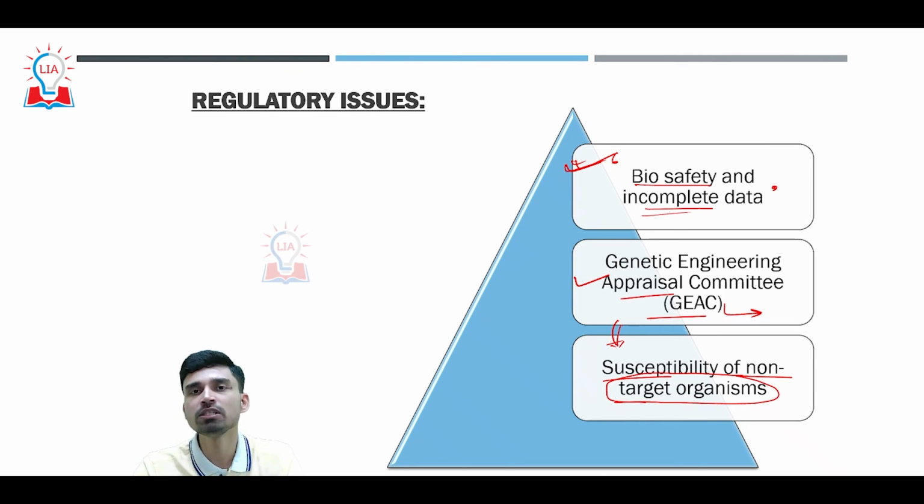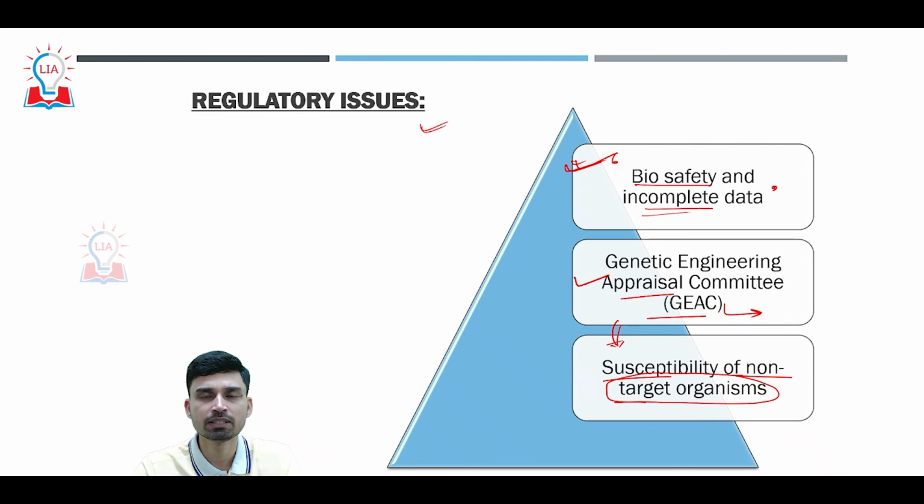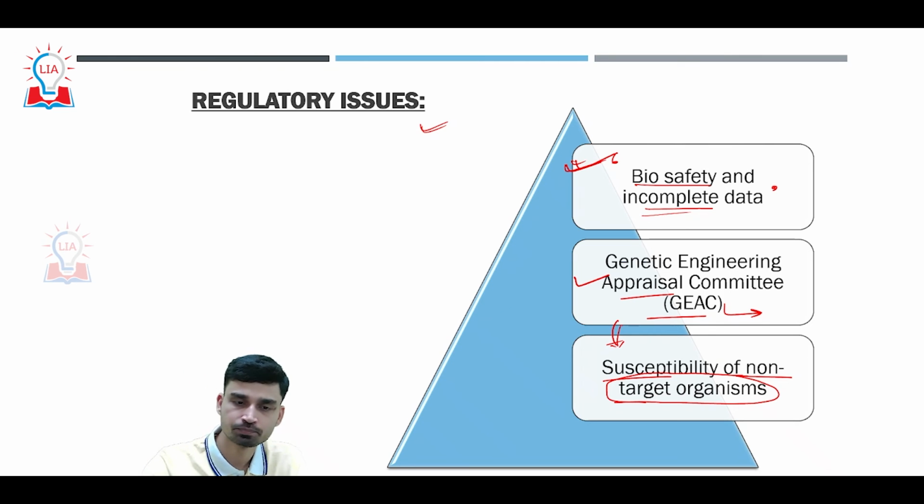So it is due to these reasons, lack of information, lack of knowledge, and lack of practical evidence, that the government is not able to introduce these crops on a large scale, especially the food crops.